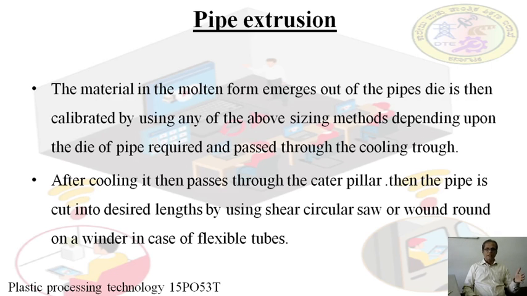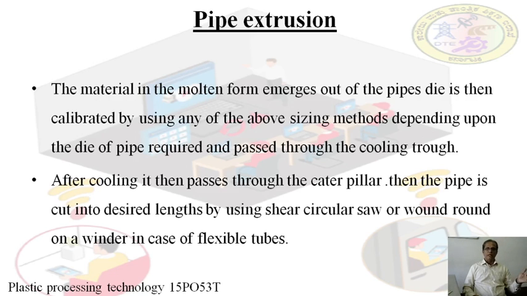A filtering arrangement is there in order to build up the back pressure and to prevent foreign material or unmelted material from passing through; that is prevented by the screen pack and breaker plate arrangement.